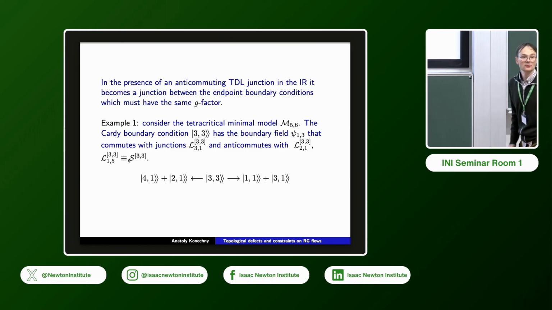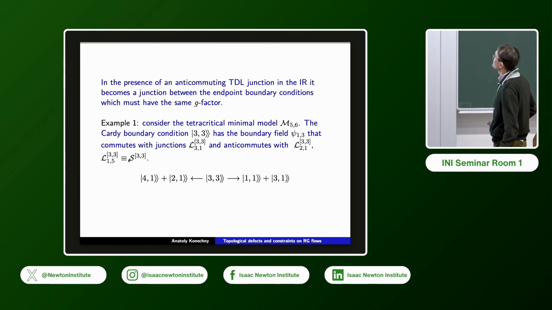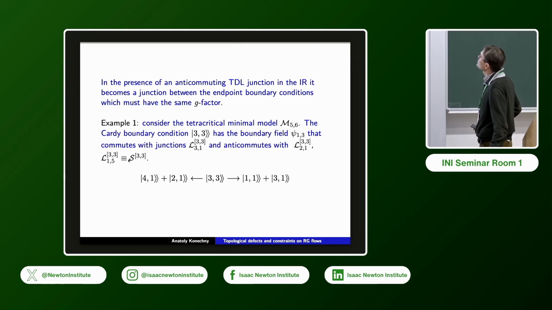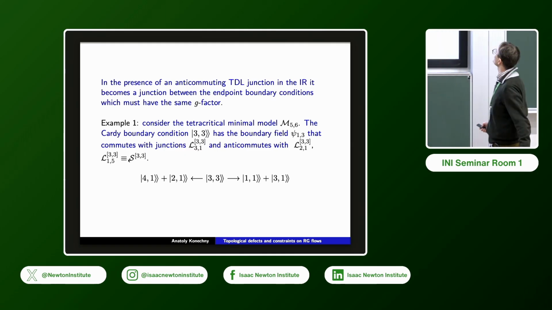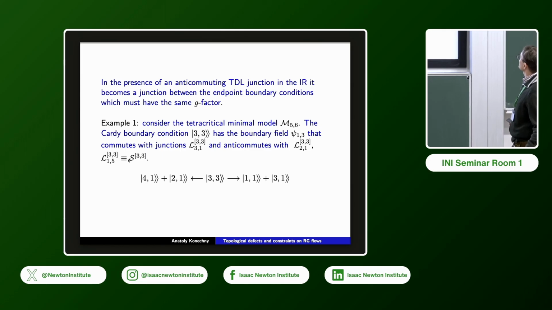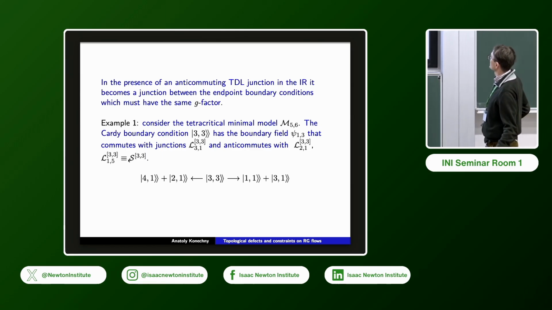So both of them are non-invertible. It commutes with one, anti-commutes with one. And it also anti-commutes with the symmetry generator. In this case, the boundary condition itself is Z2 symmetric, so it makes sense to talk about charges of the boundary fields. And this field is negatively charged under Z2.